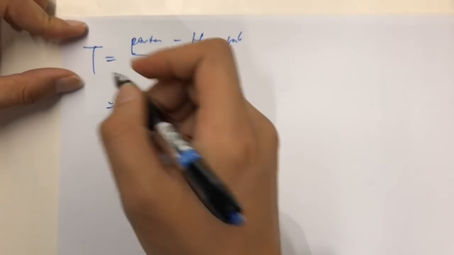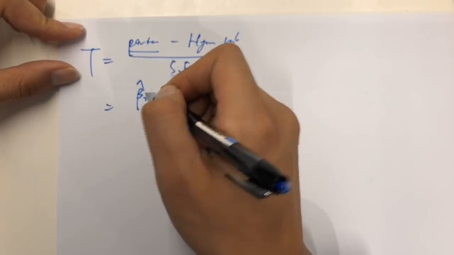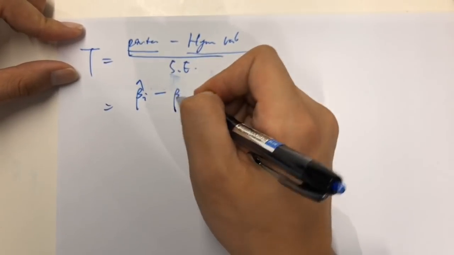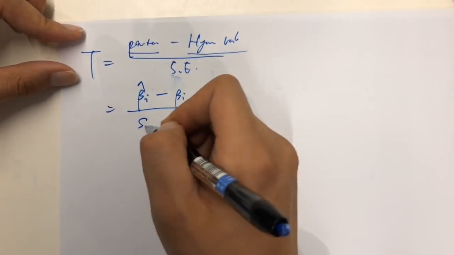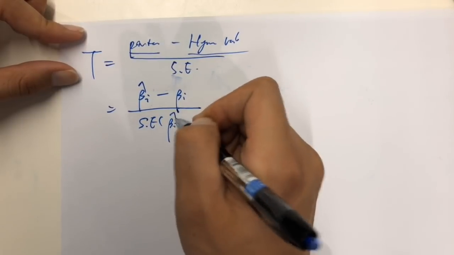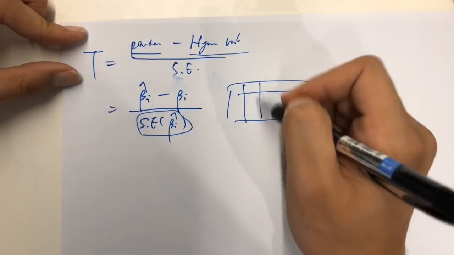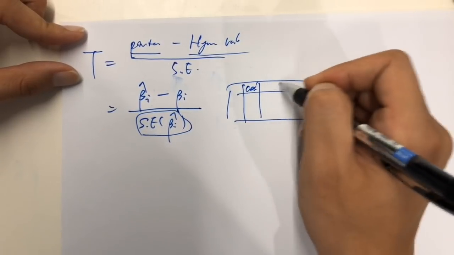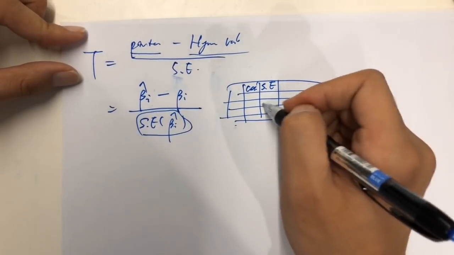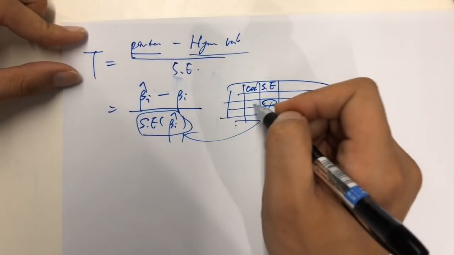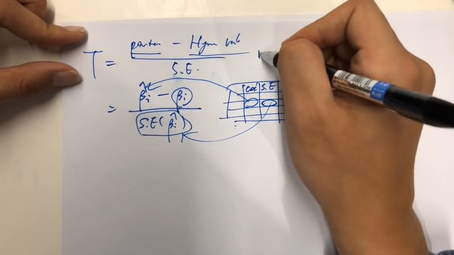So the test statistic of beta is: the point estimator is beta I hat, the hypothesized value is your beta I, and then divide by the standard error of beta I hat. You can find this in your Excel output. The first column is coefficient, the second column is standard error of each coefficient.